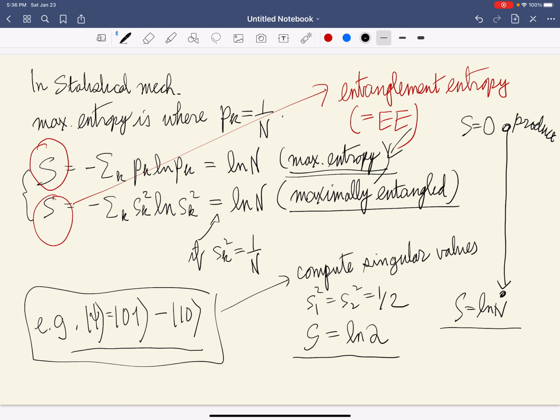Okay, so I should probably leave the calculation of the singular values for this state as an exercise.